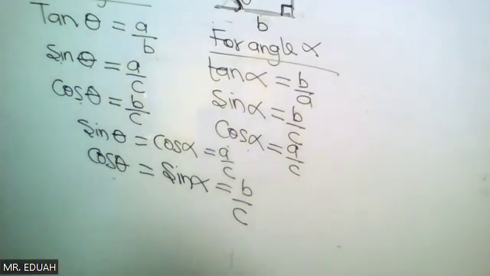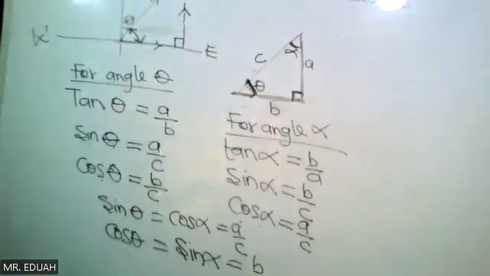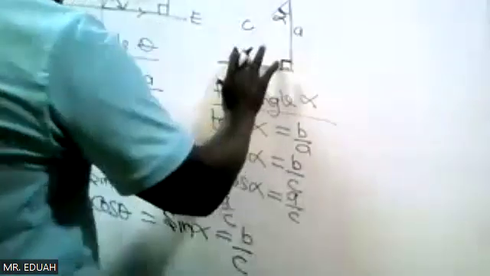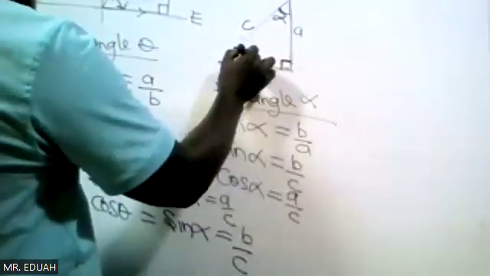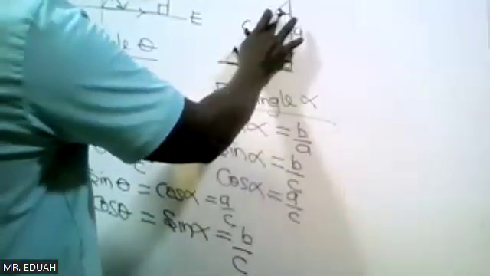There is a special link. Let's use values or numbers. Assuming this is 30 degrees, and this is a right angle triangle, what will be the other remaining angle?